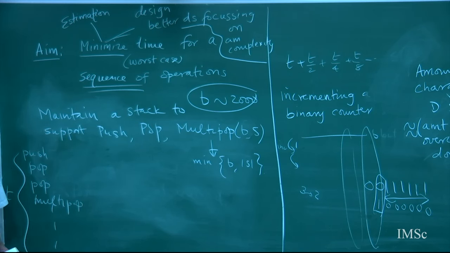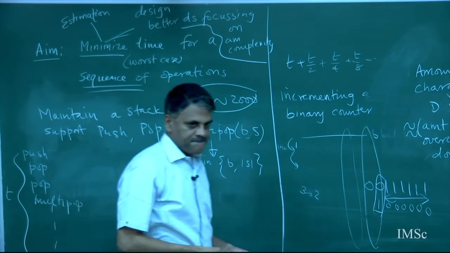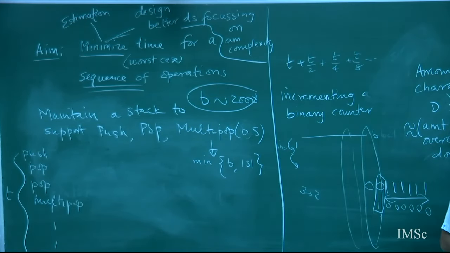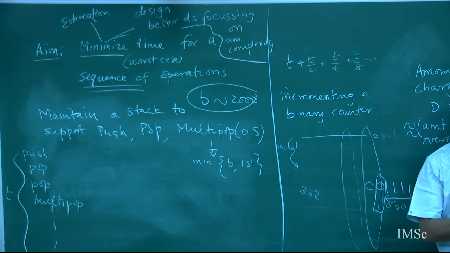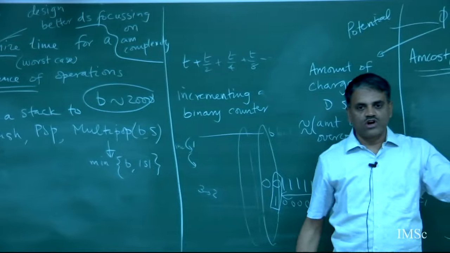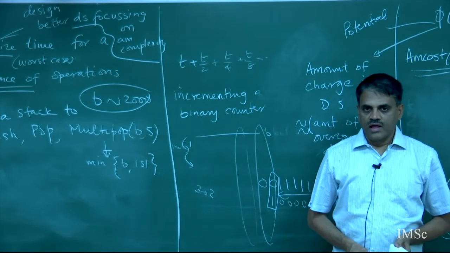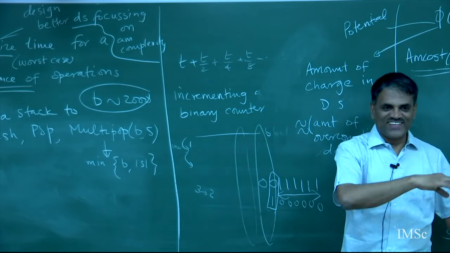For a push operation the cost is exactly 1, and pop is also exactly 1, but for multi-pop you have to pick the minimum of B and the stack size. But we looked at this whole thing and had a simple observation which told us that the amortized cost is constant. The potential is the number of elements present in the stack.